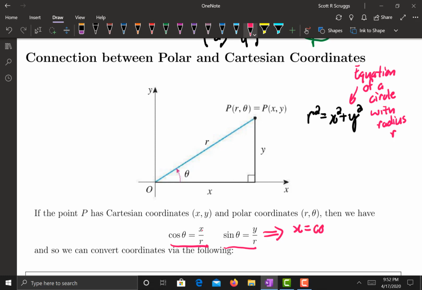So x gives me r times cosine of theta. Y will be the radial coordinate times sine of the angular coordinate. And this is how I'm going to convert to Cartesian.